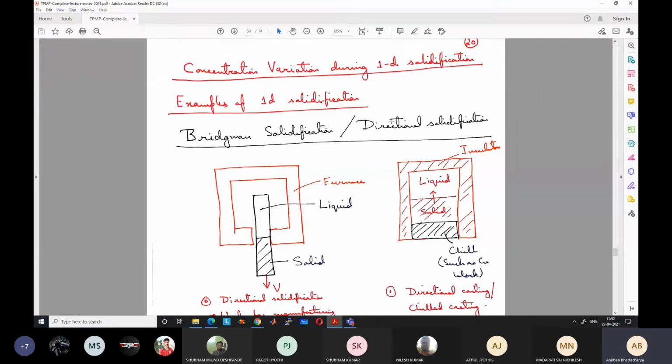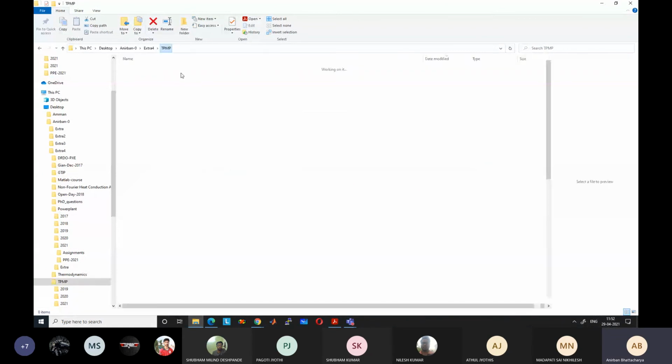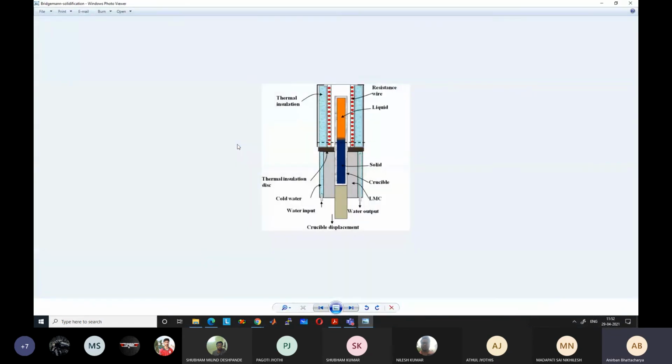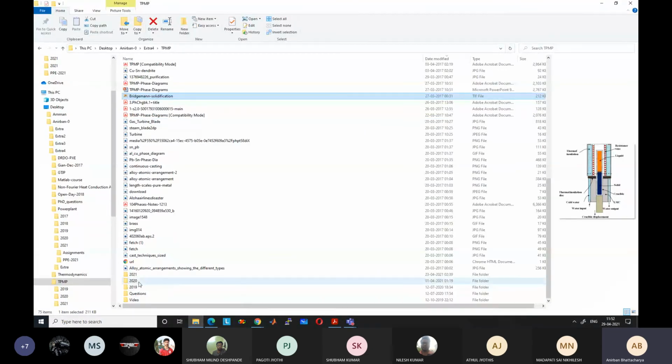When turbine blades were initially manufactured, the turbine blades had a microstructure. I think I have some old pictures also. Let's see. This is the Bridgman solidification.